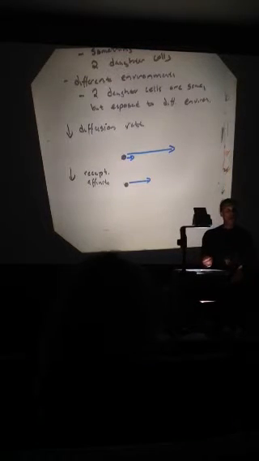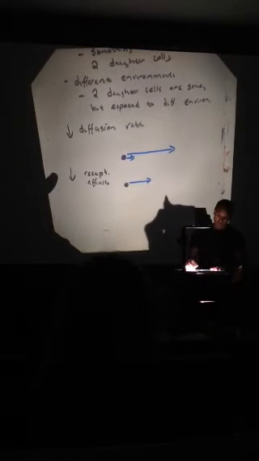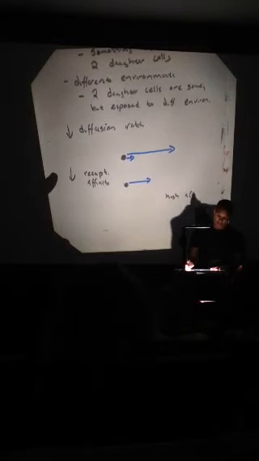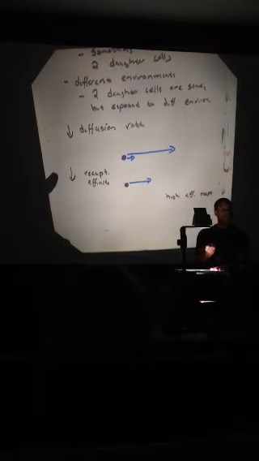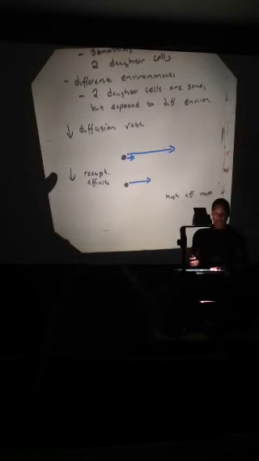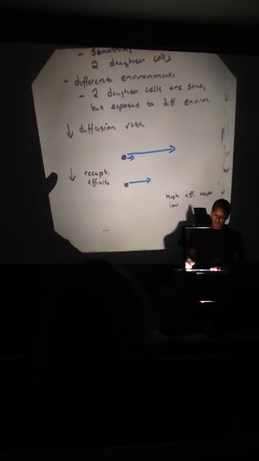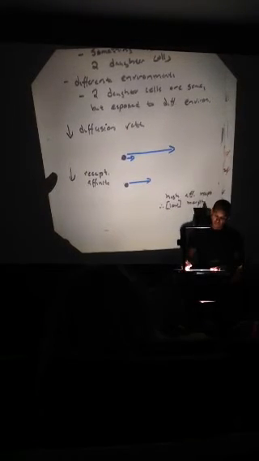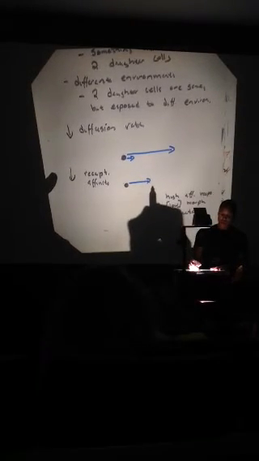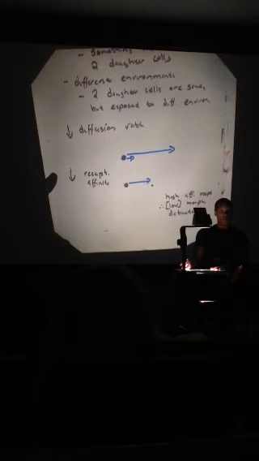If you have a high affinity receptor, that means that very low concentrations of morphogen will be detected, meaning that cells that are even very far away will be able to sense the morphogen.